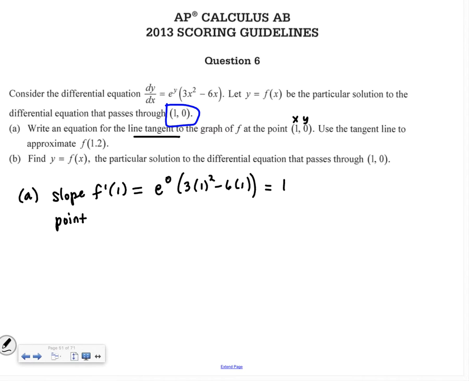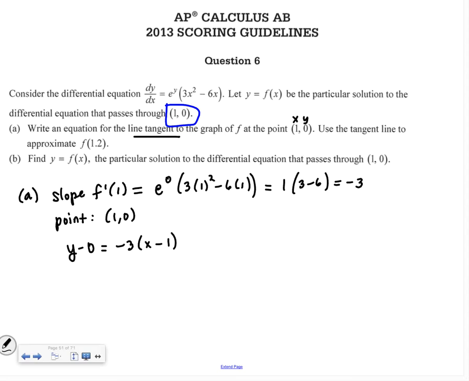So I get 1, 3 minus 6, I get a negative 3. The point is just the point that we were given. The point is 1, 0. So my equation of the tangent line is going to be y minus y1 equals m times x minus x1. Just like in Algebra 2.